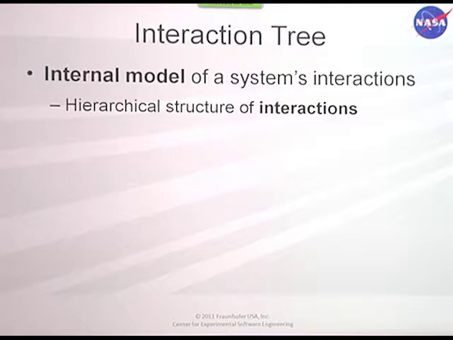So at the heart of this approach is a data structure called the interaction tree. This is the internal model that the iTree algorithm builds as it tests the system. It is a hierarchical structure of the system's configurations.